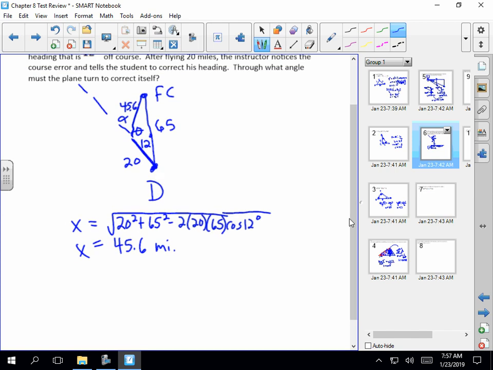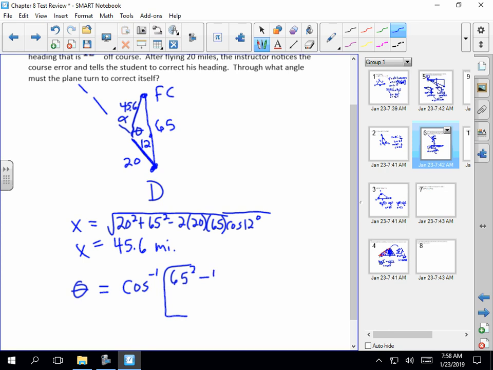Using the law of cosines to solve for theta, theta would equal inverse cosine of the side opposite theta, which is going to come first, so that is 65 squared, minus the squares of each side adjacent to theta.